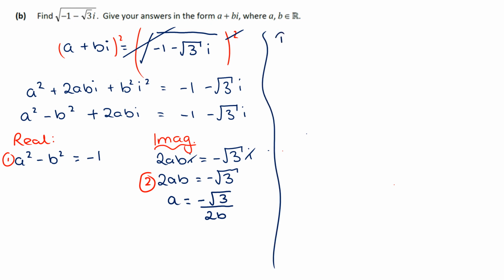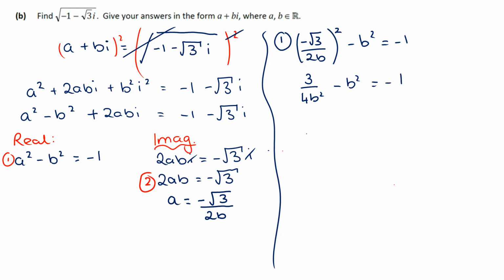instead of a in equation 1, minus root 3 over 2b, squared, minus b squared equals minus 1. Cleaning that up, we get 3 over 4b squared minus b squared equals minus 1. To get rid of the denominator, I'm going to multiply across by 4b squared.